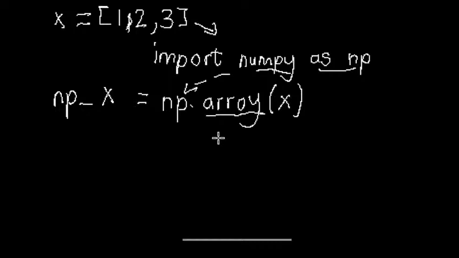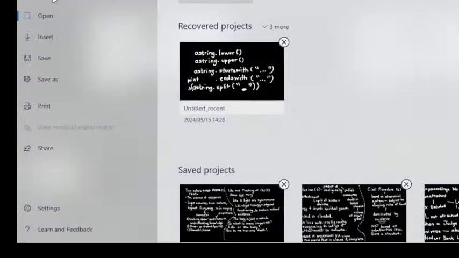From there, now that it's converted into an array, going forward, we can use np_x and basically do whatever we want within the context of an array. And we learned what those different capabilities are.